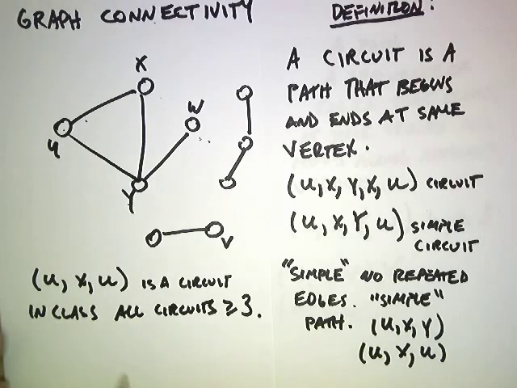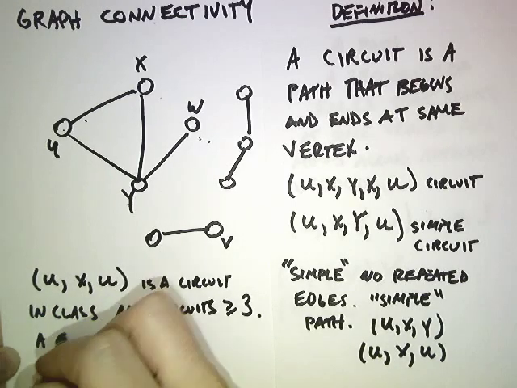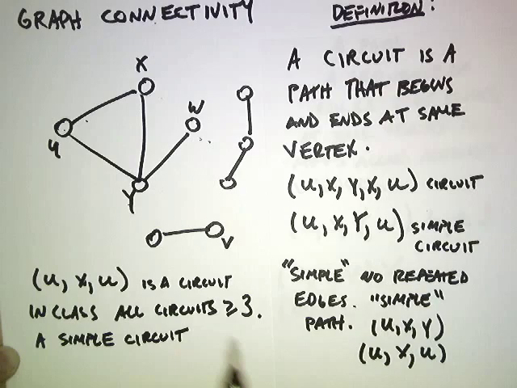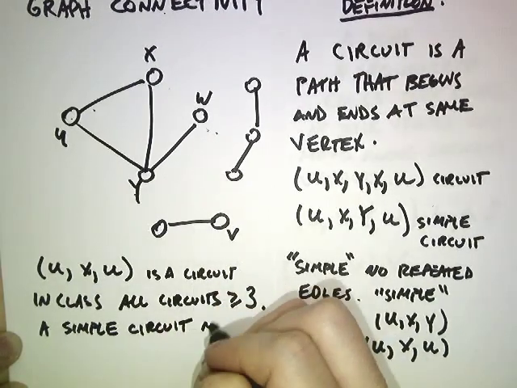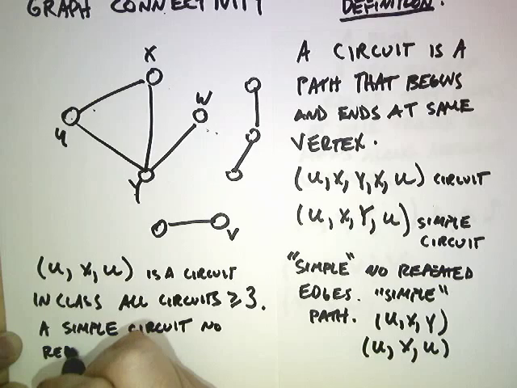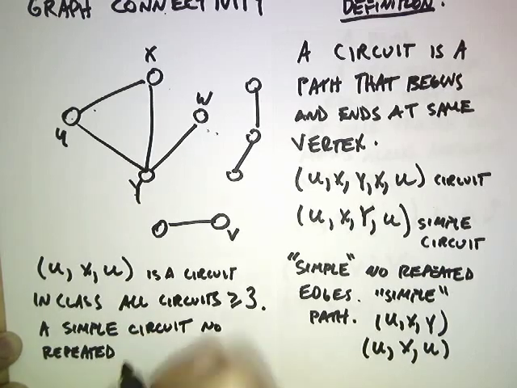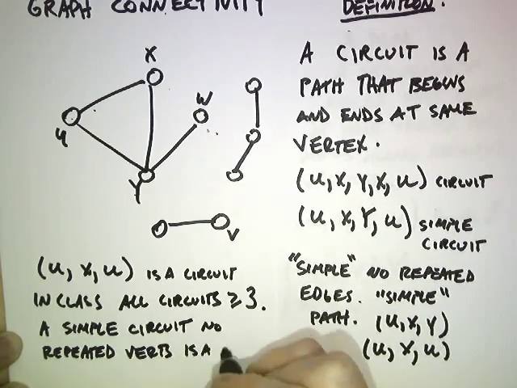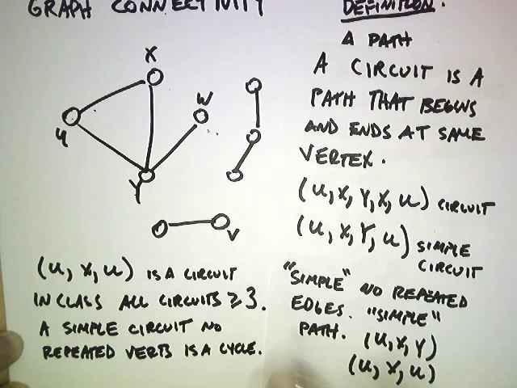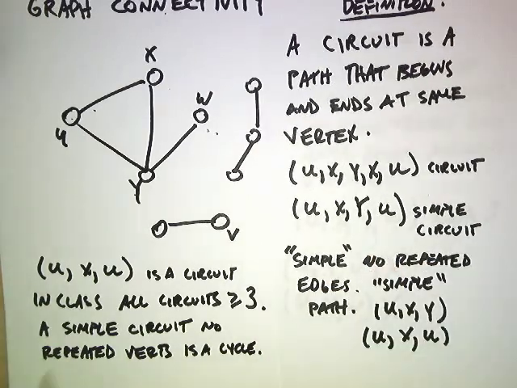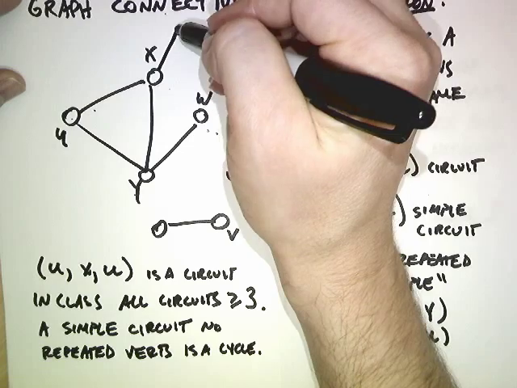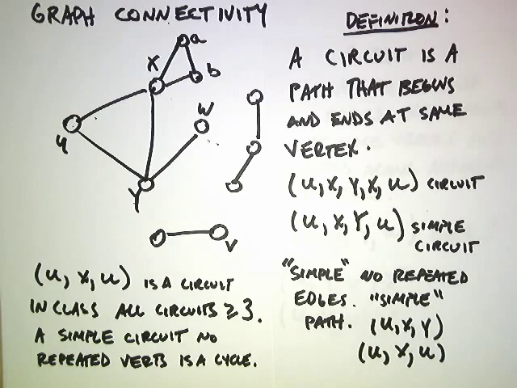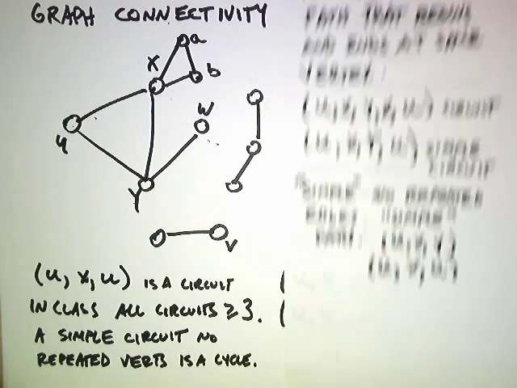And one final bit of terminology, if a simple circuit has no repeated vertices, we're going to call it a cycle. Okay, so for example, let me change this graph a little bit. So consider the following simple circuit.